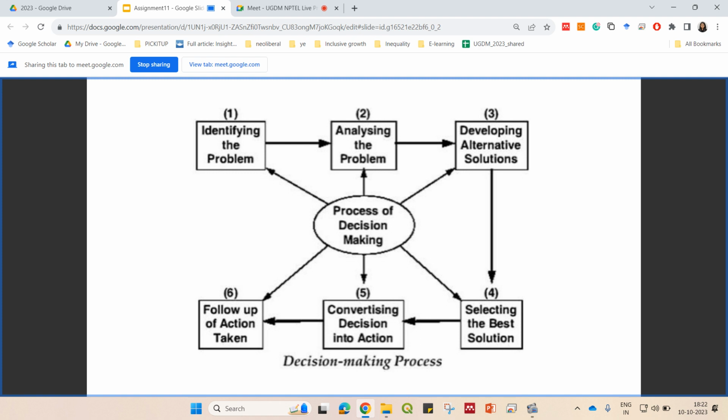And after deciding each action component, or each project, you then follow up and take action on the decision for the solution that you have made. So this is the whole decision making process that you might have studied in your lectures.